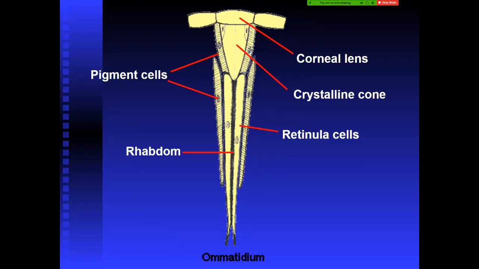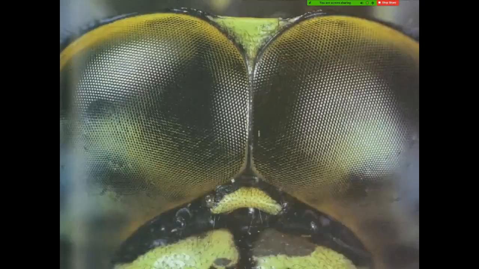And then you have various support cells as well. And these include these pigment cells over here and these retinal cells. So the light energy comes through and will stimulate, I believe, these retinal cells. Let me double check on that.